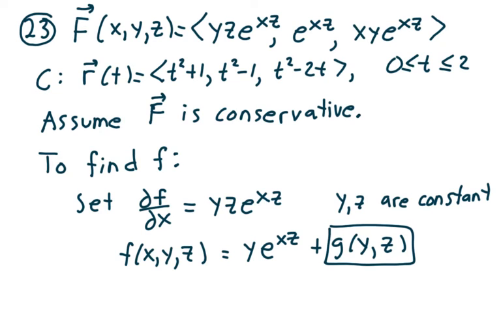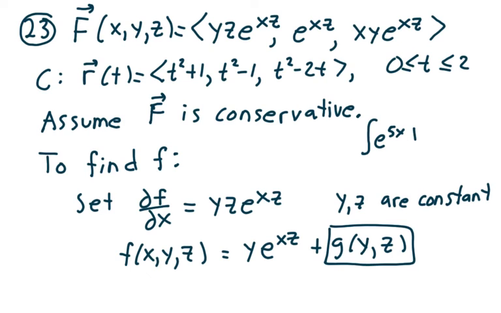To find my potential function f, we're going to set the partial of f with respect to x equal to the first component, which is yz e to the xz. Now, y and z are constant. So remember that y and z are constant. So think of the z like 5. I'll give you an example.